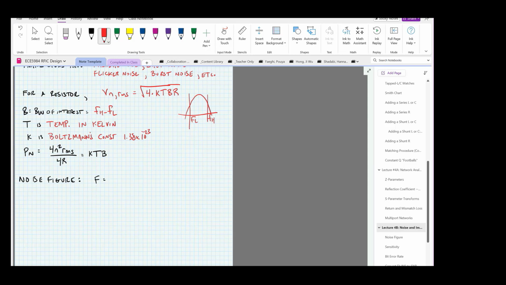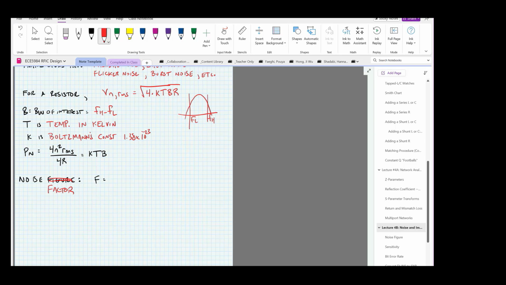And then the noise power is equal to the RMS voltage squared over the resistance, which is equal to KTB. I just moved the 4 over. We have a concept of what we call, and I've written this down incorrectly, noise factor.